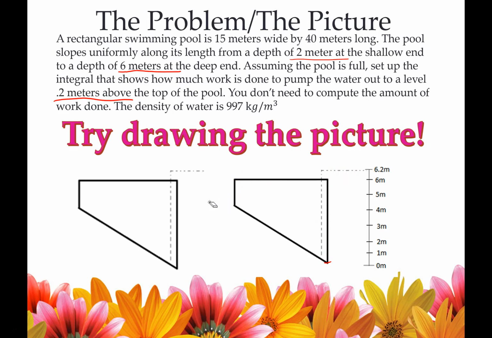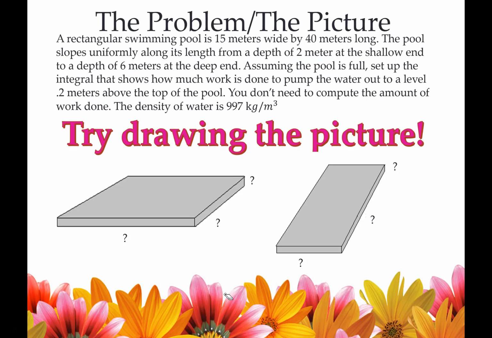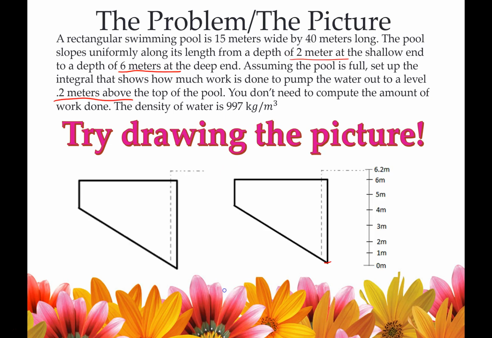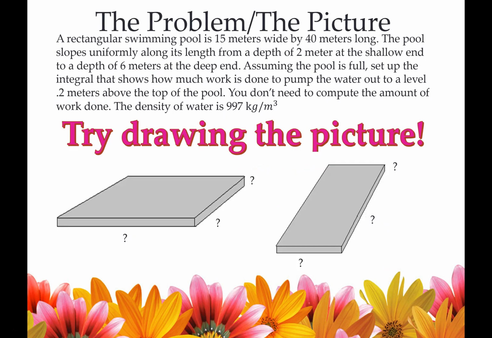So the first step is to draw that picture, but I also want you to draw your 2 different types of rectangular prisms. For this section right here, those rectangular prisms are going to have a width of 40 meters, and then a depth of 15 meters, and then that dy.